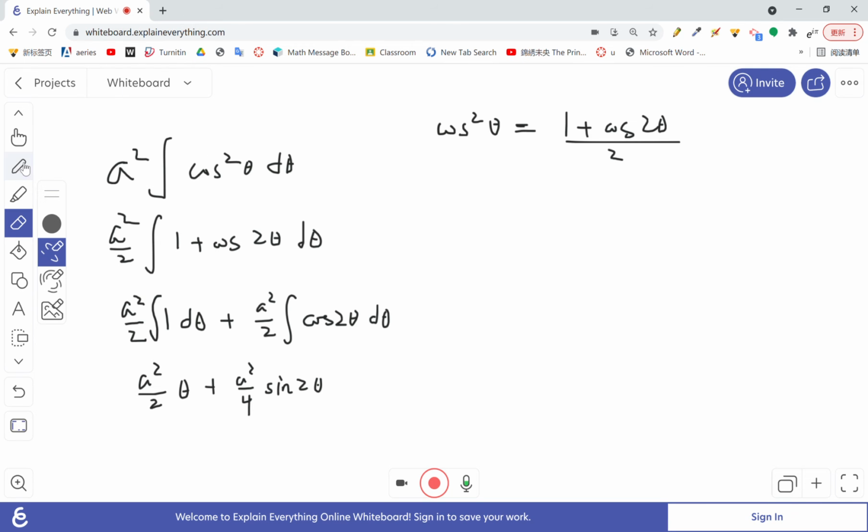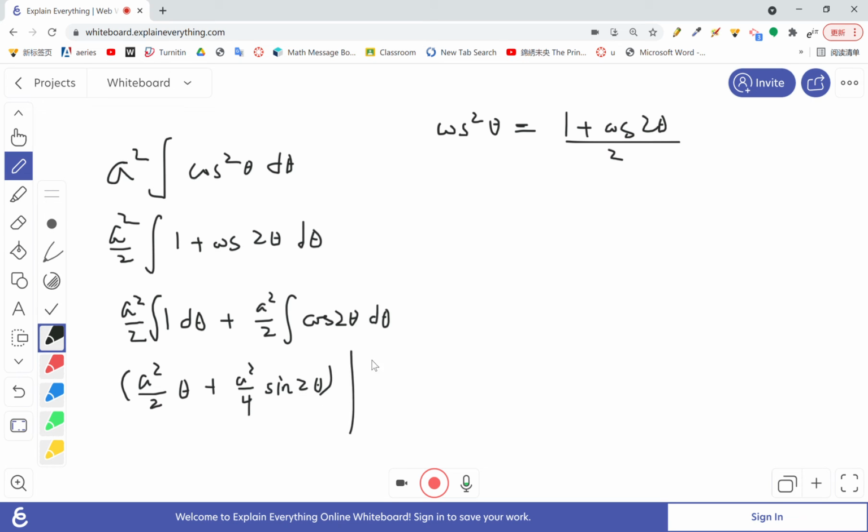Now we're going to take the definite integral, evaluating this from negative a to a. But we have to go back to x, because we can't just leave it in terms of theta. We remember that theta is equal to arcsine of x over a.